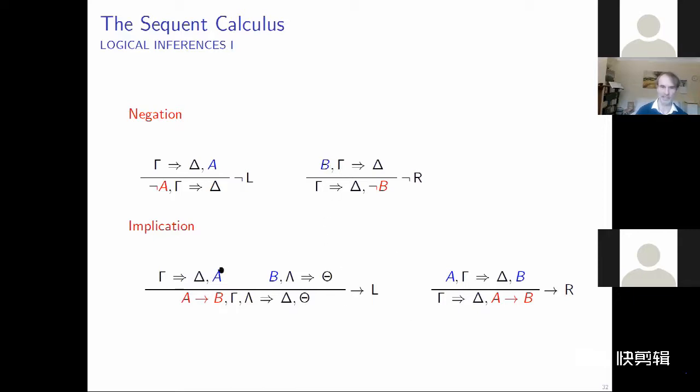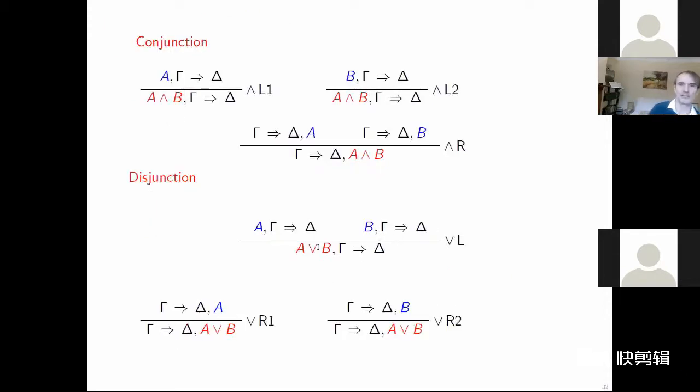Then for every logical particle, we have these rules. So this is for implication. And going on, we have to go through all the logical particles. Conjunction is, of course, the easiest. If you can deduce delta from A together with gamma, then you can also deduce it from A and B, for any B, plus gamma.